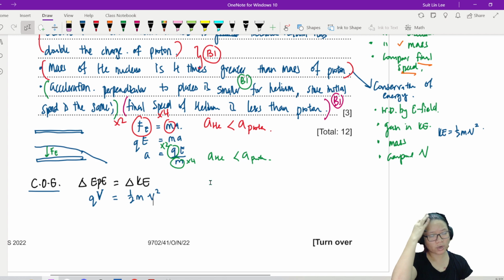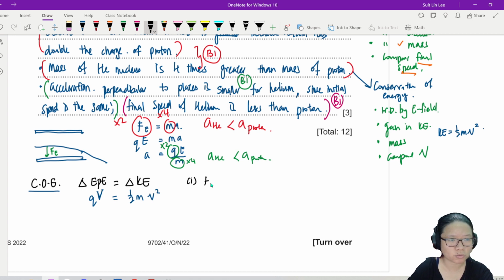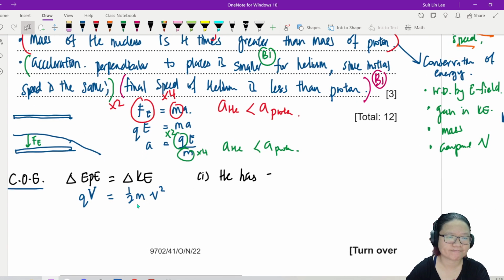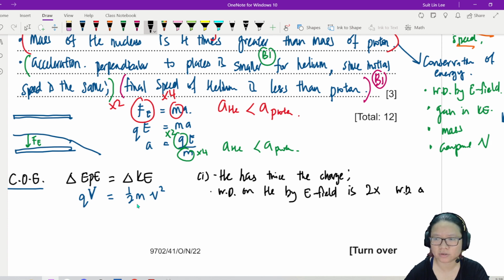Okay, so right now, I can first do comparison about work done. I would say that helium has twice the charge, and hence work done on helium by the electric field is 2 times work done on proton.